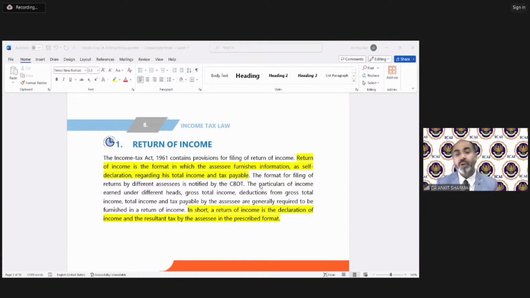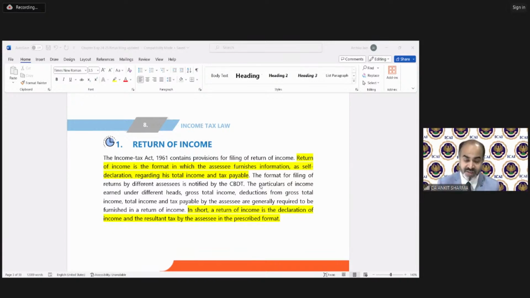So we need to inform the income tax department that this is my income for the year and this much amount of tax I need to pay via a specified form at a specified time in a specified process. That is all regarding the return of income.